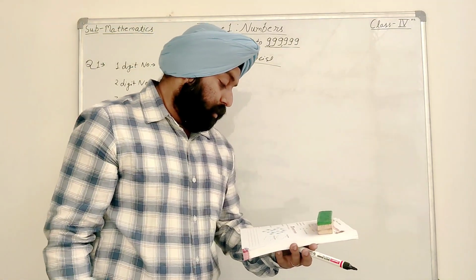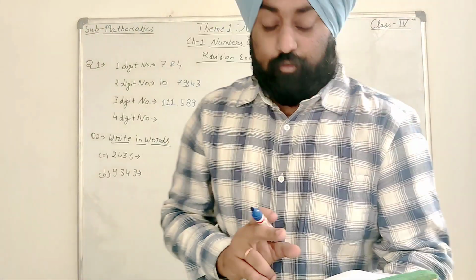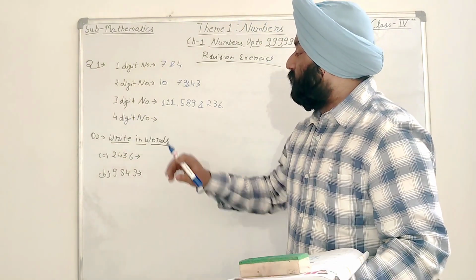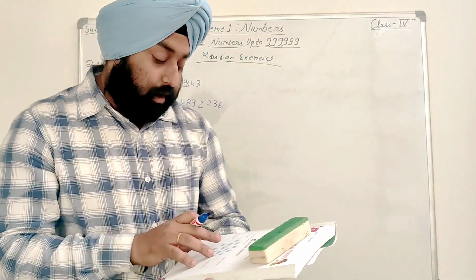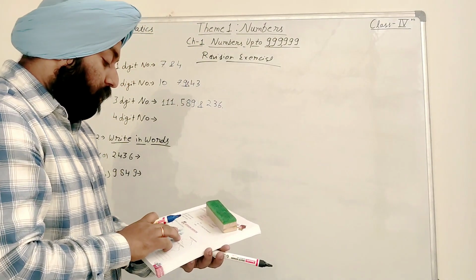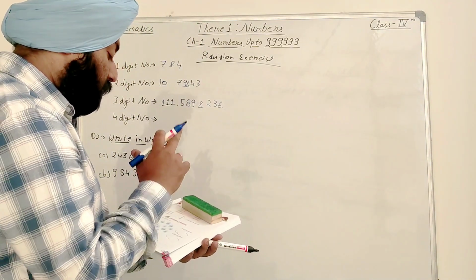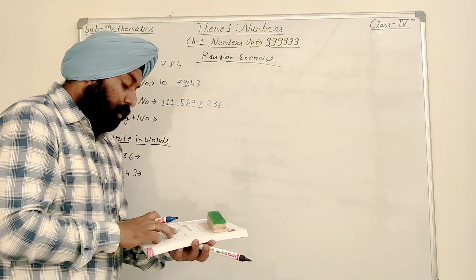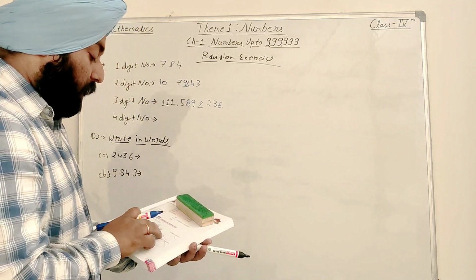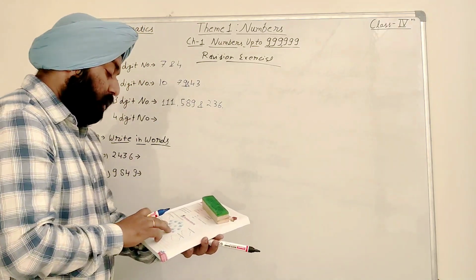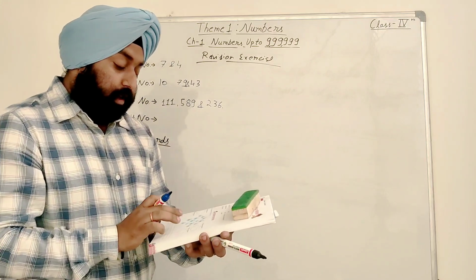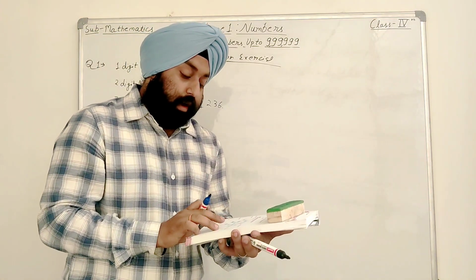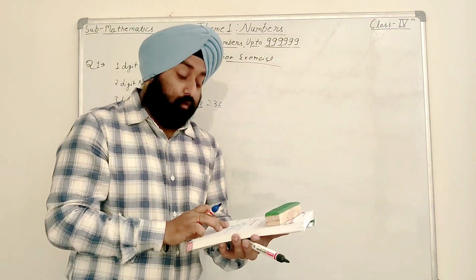Okay, students. Afterward, we have to find out 4-digit numbers. 4-digit numbers are 5891 on the top, 1245 on the right of 5891, 2526, 1808 and 3604.